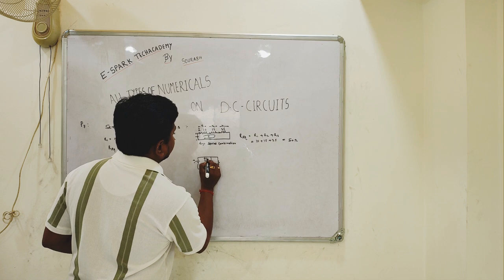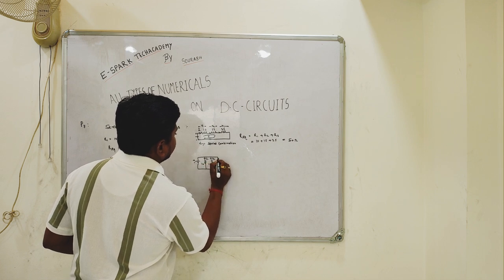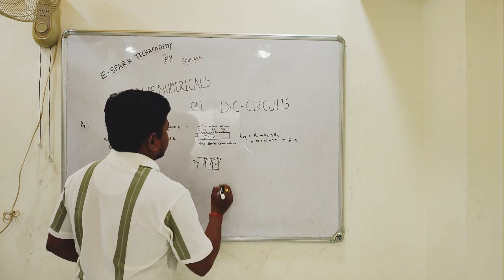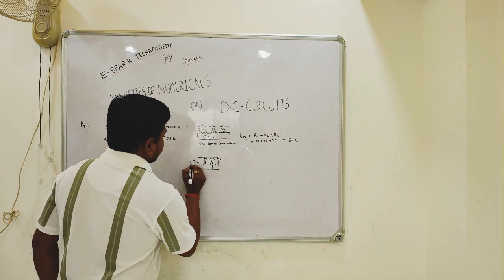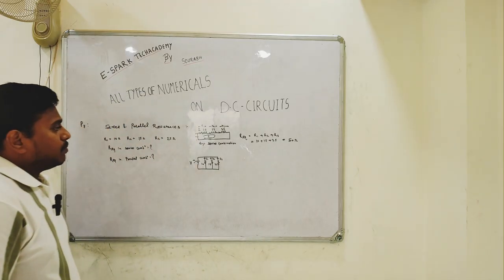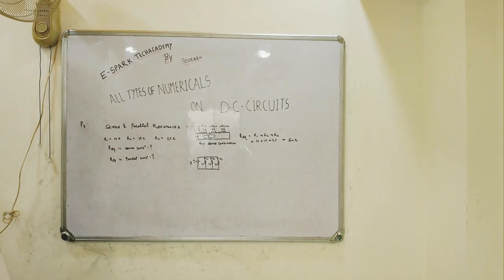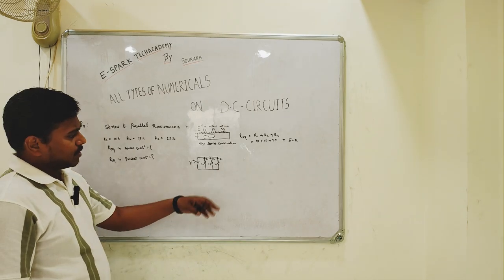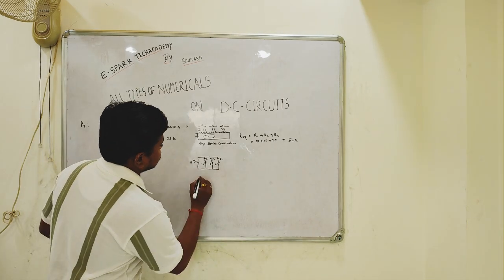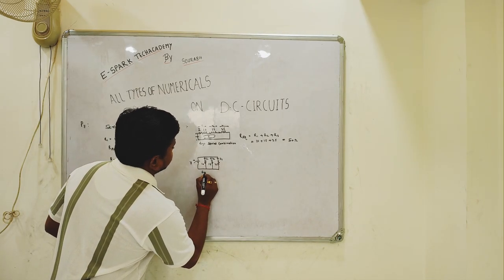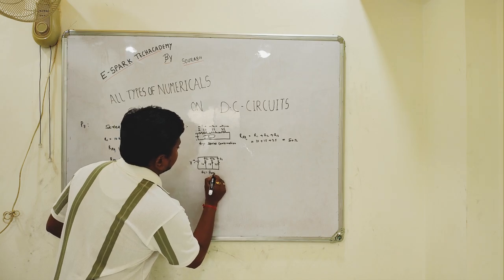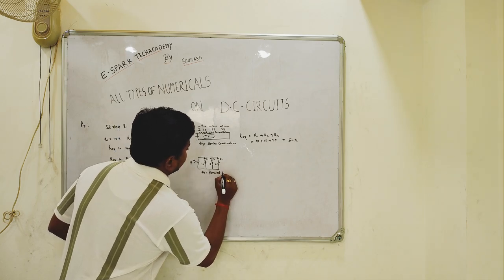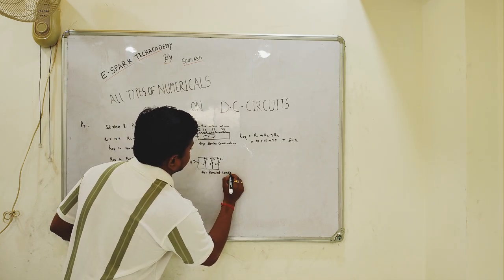Currents will be variable I1, I2, I3. In parallel combination, as the voltage is same, current will be divided across each and every element. This figure is parallel combination.